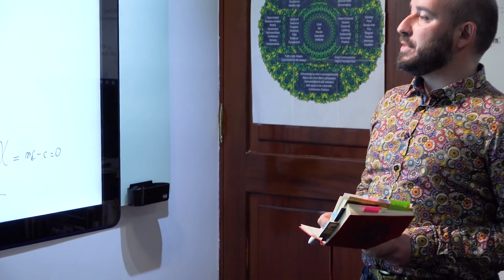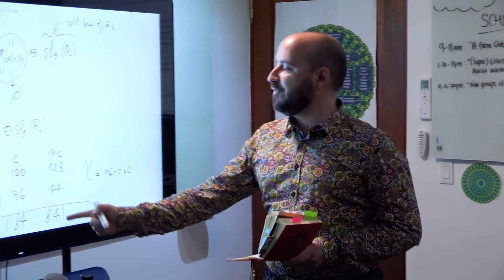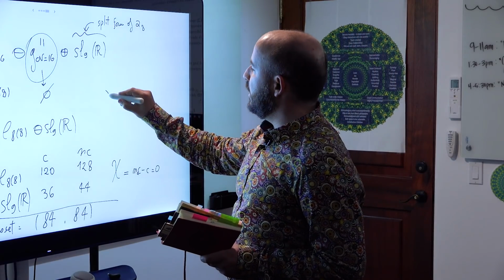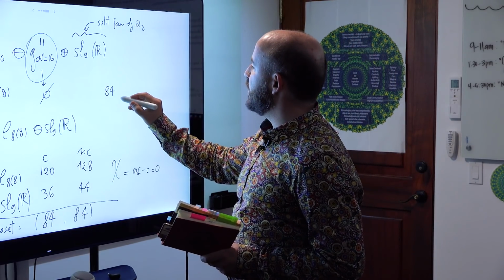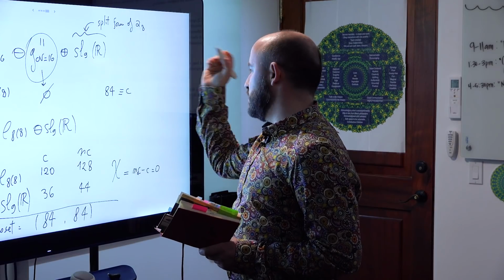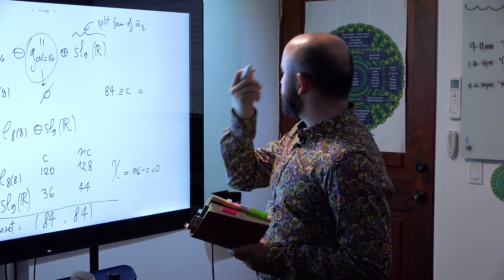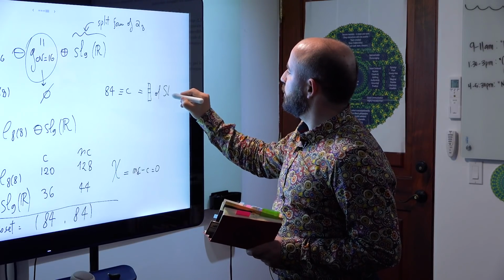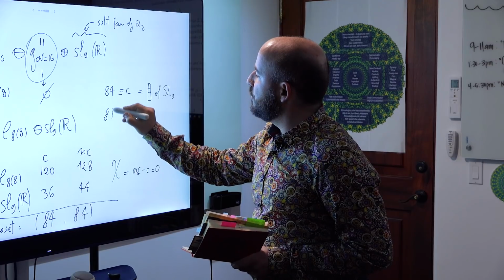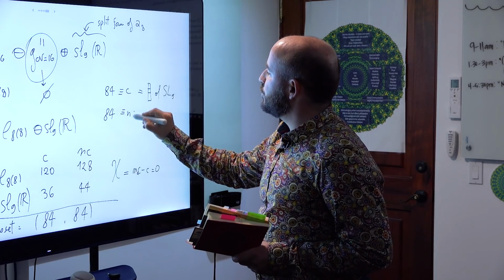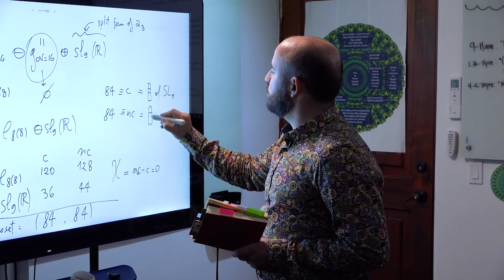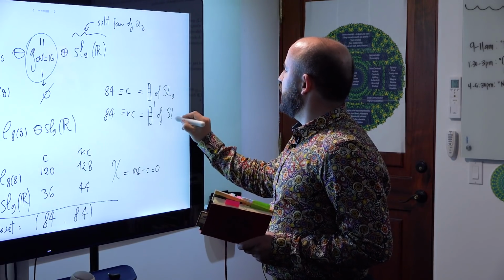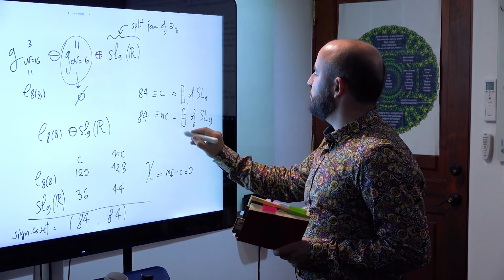Now, the point is that these 84 fit in some representation of SL9, and 84, essentially the compact one, by convention, is the 3 form of SL9, and the other 84, which is by convention the non-compact, is the conjugated, the dual representation, the 3 form prime, or if you want, the 6 form.